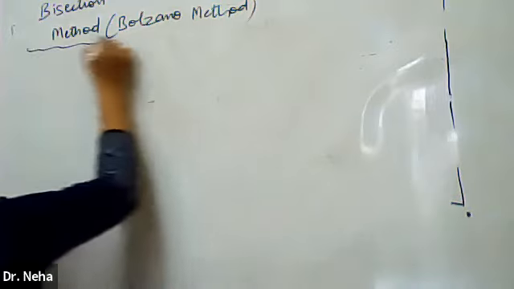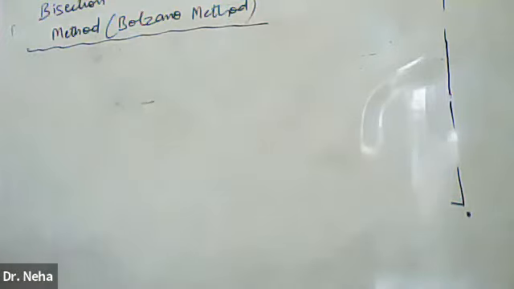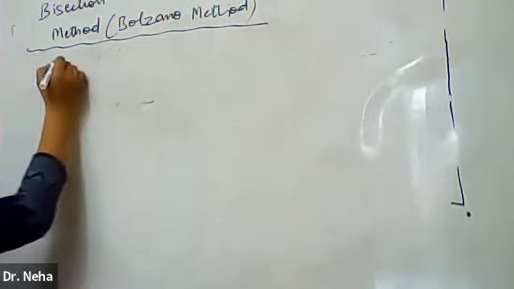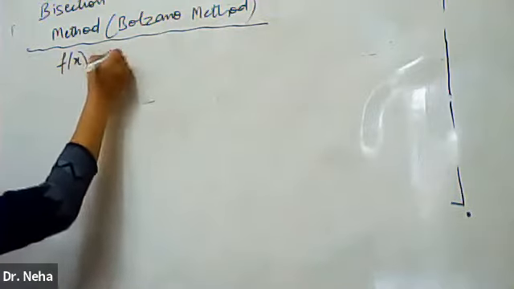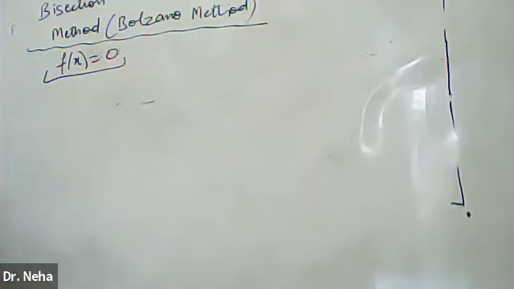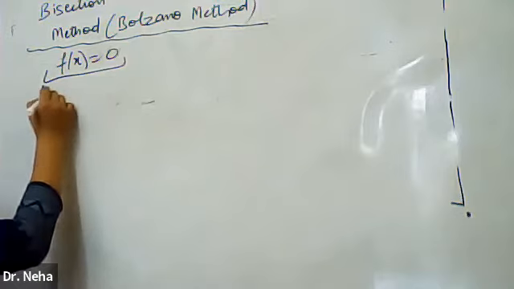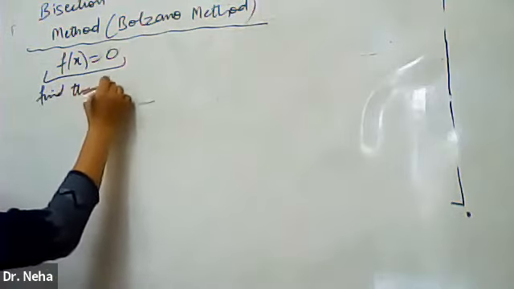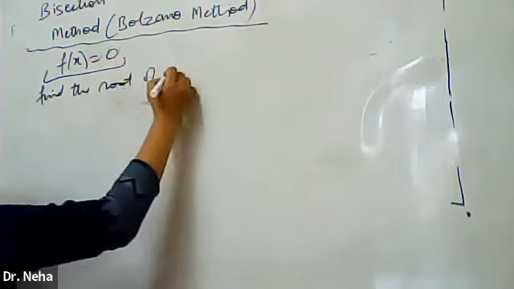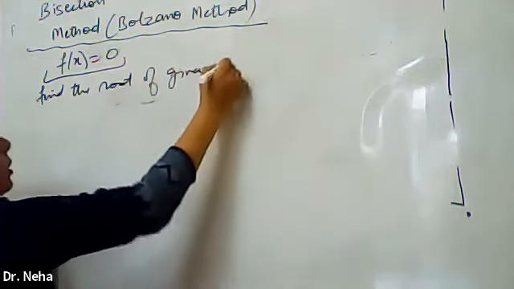Now, what are we going to do in this method? This method is applicable when we need to find the root of an equation. Let us suppose we are given f(x) equal to 0, and what we are asked in the statement is to find the root of the given equation.